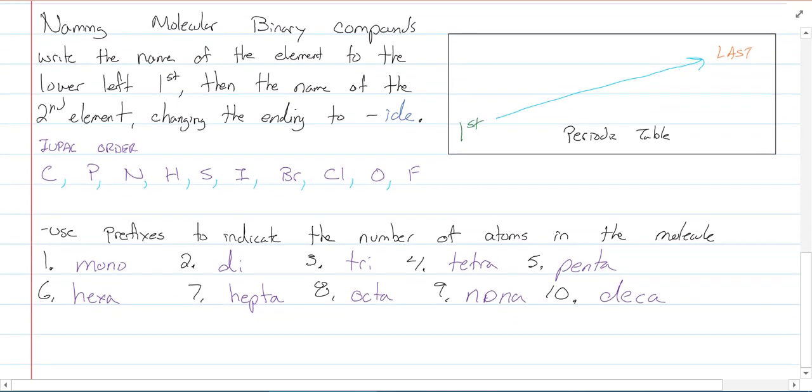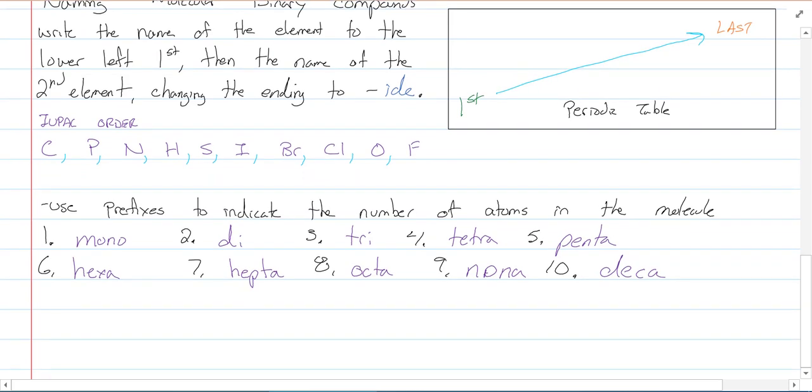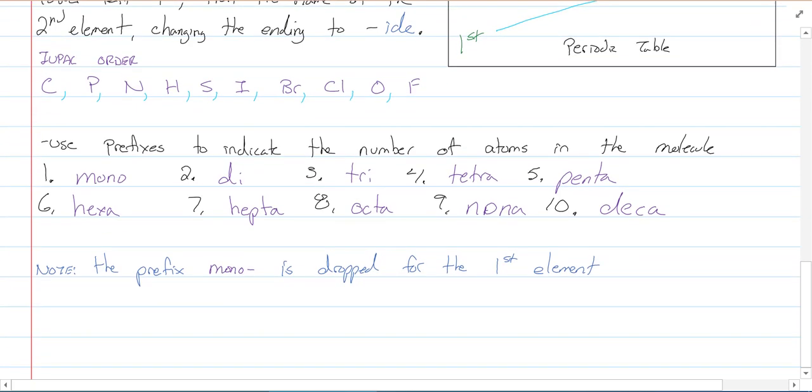So a lot of these we've heard of. Two notes. Note: the prefix mono is dropped for the first element, which kind of makes sense, because if I say carbon, you know there's one carbon.